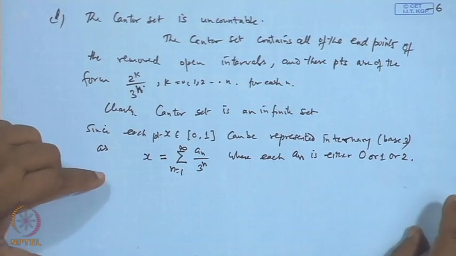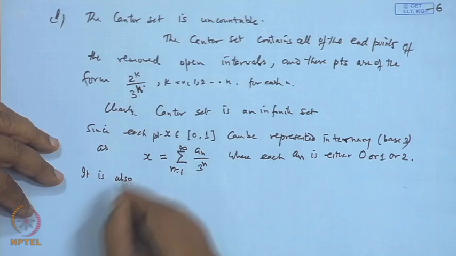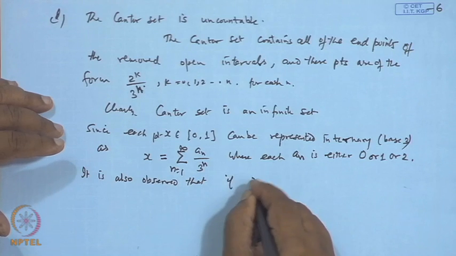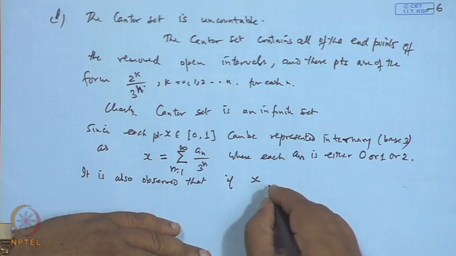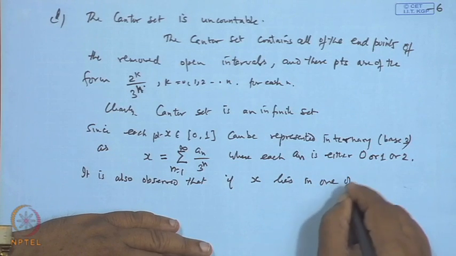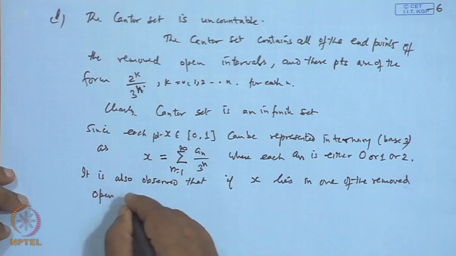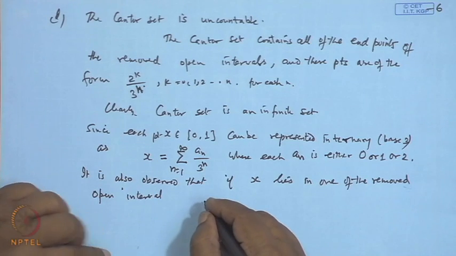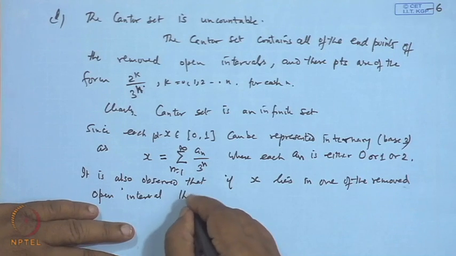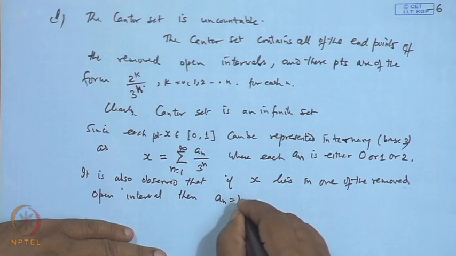Now, it is observed that if x lies in one of the removed open intervals, then a_n will be 1 for some n.